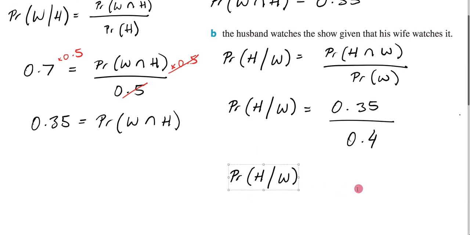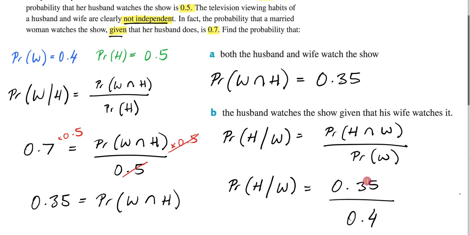So our final answer is 0.35 divided by 0.4, which is 0.875.